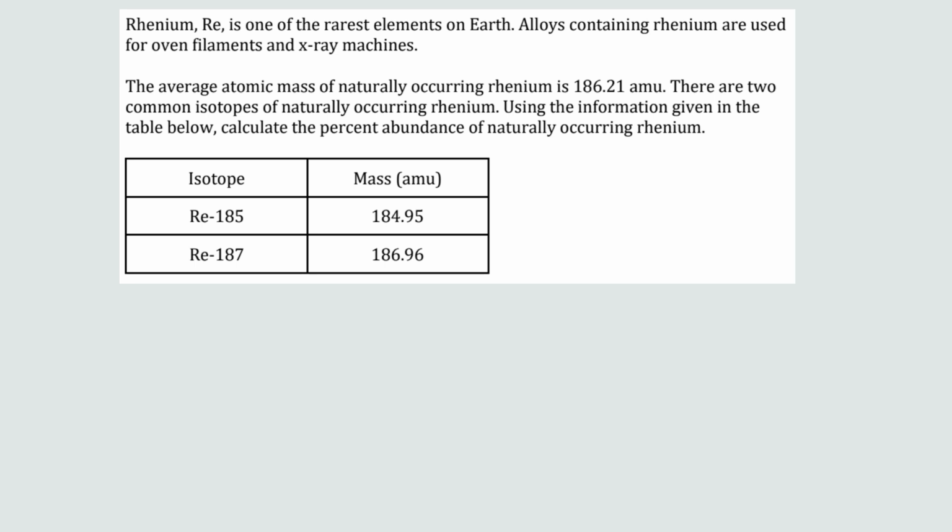So here we are trying to find the percent abundance for each of these. We're going to use the same formula, but we're going to use it differently. The average atomic mass equals, like we said, the sum of the relative abundances times the mass of the isotope.